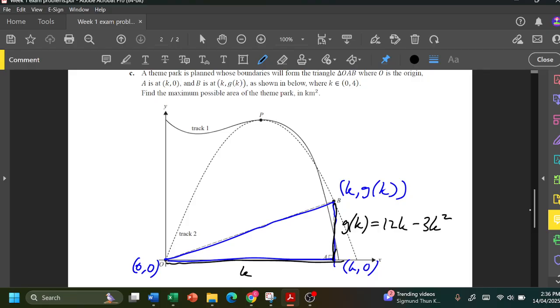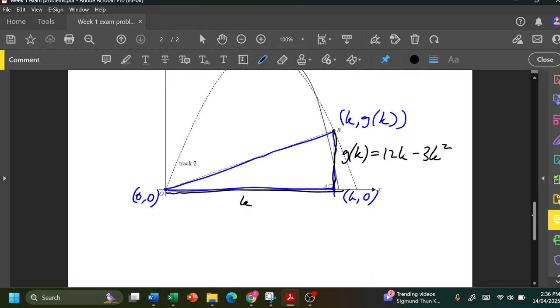Now, the question's asking us, what is the maximum possible area of the theme park in kilometers squared? So we're dealing with a triangle. We just need to remind ourselves what the formula for the area of a triangle is before we answer this question. So we all should know that the area of a triangle is given by half base times height, not squared. I don't know where that came from, but it's just half base times height. So we can see we know what the height is, that's g(k), and we know what the base length is, that's k.